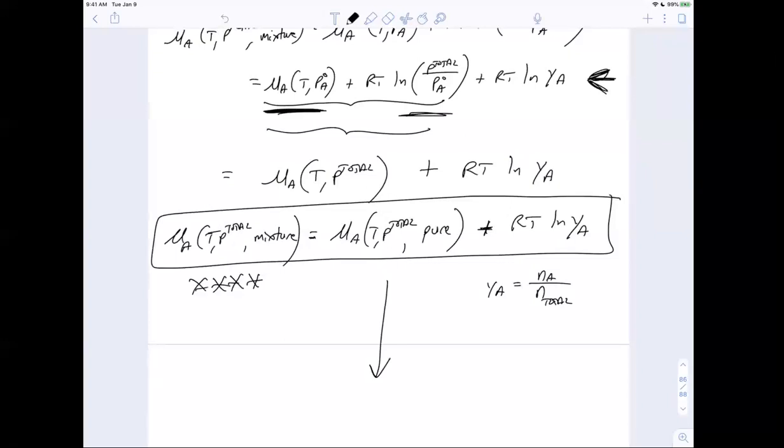The first contribution is the chemical potential of A as though it were pure, but at the same temperature and total pressure as the mixture. And that's what this first term is.